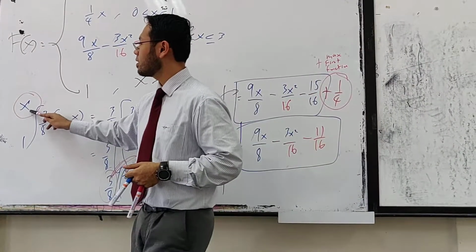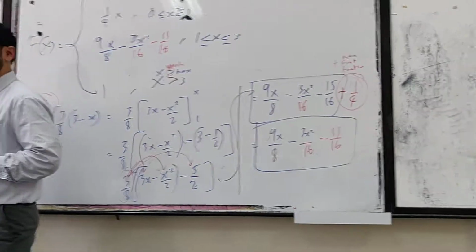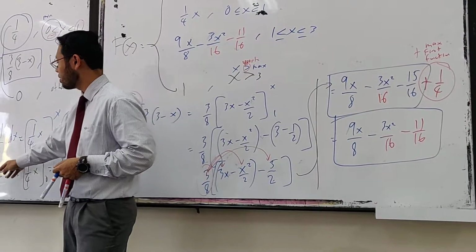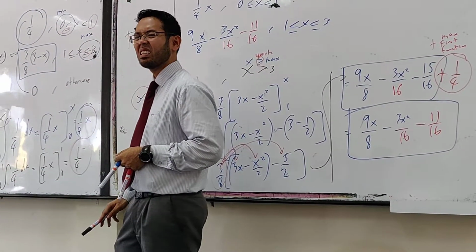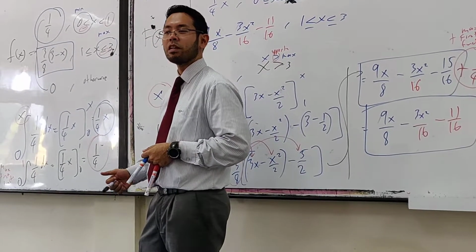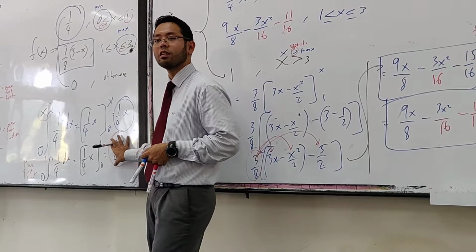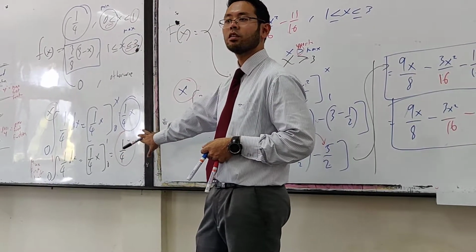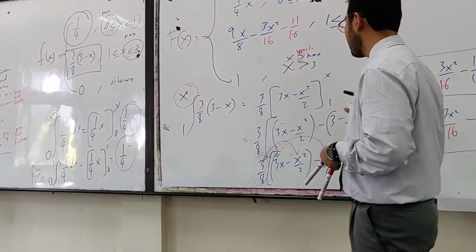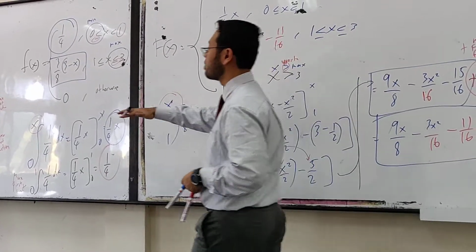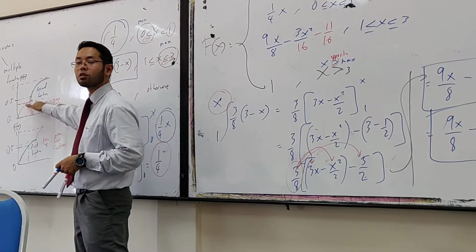Why this one is x? Why this one is 1? I have to find the maximum value of the first function. Why must I find this value? What is this for? Because the second function goes up. That's what we have discussed just now. It doesn't start from 0.